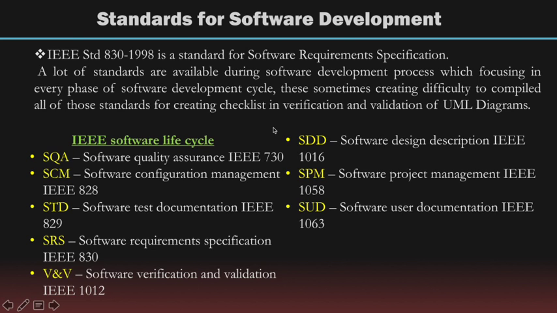These are the standards for software development: IEEE software lifecycle, software quality assurance, configuration management, test documents, requirements specification, verification and validation, design description, project management, and user documentation.